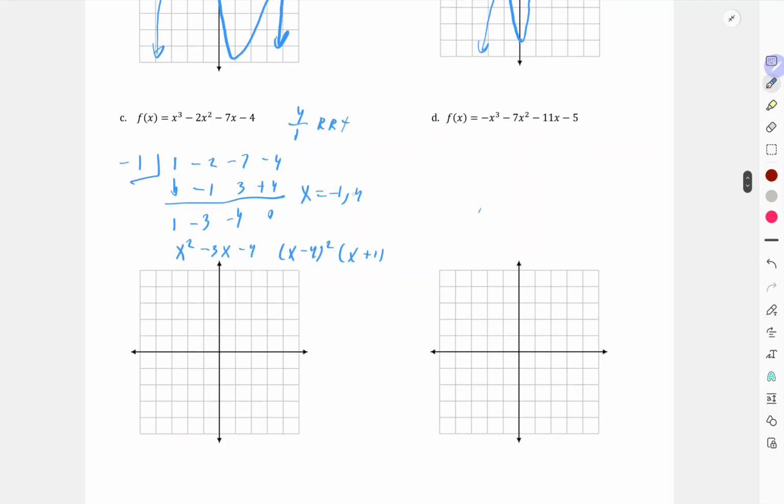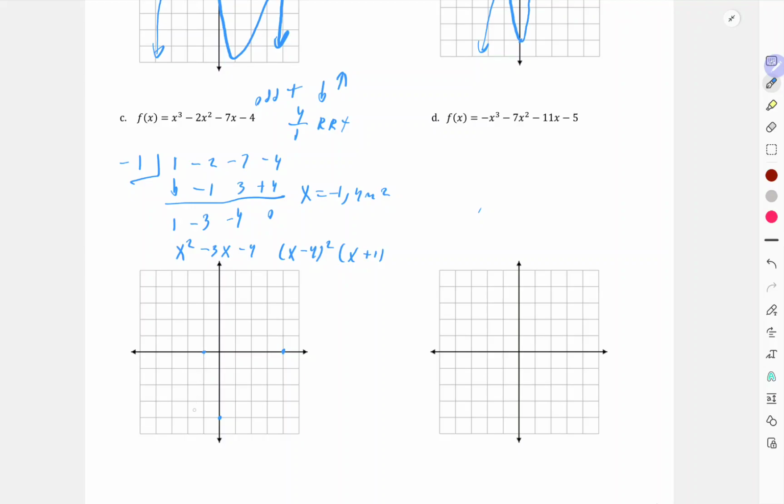Now what I do here, but wait, -4 with multiplicity 2. There we go. So 4 with multiplicity 2, and then -1. -1 goes straight through. We have a 4 here. 1, 2, 3, 4. Our degree is odd positive, so you know it's going to go down, up.